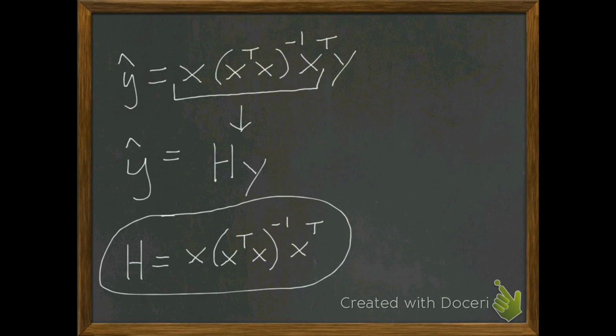Okay, now this is actually going to turn out to be an n by n matrix. And what it ends up doing is it helps us find influential observations.